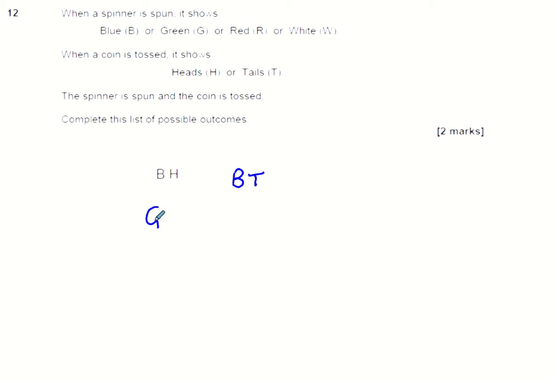So we've also got green followed by heads and green followed by tails. We've got red followed by heads and red followed by tails, or we've got white followed by heads or white followed by tails. Those are all the possible outcomes.